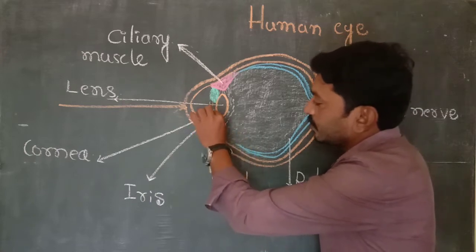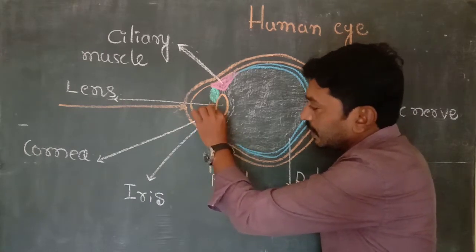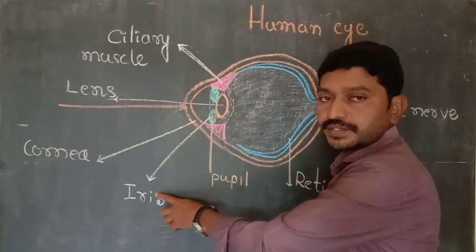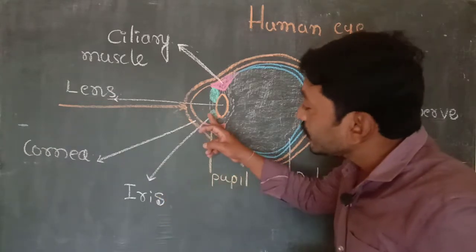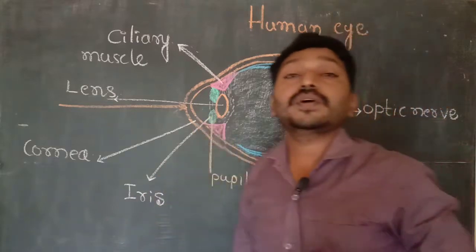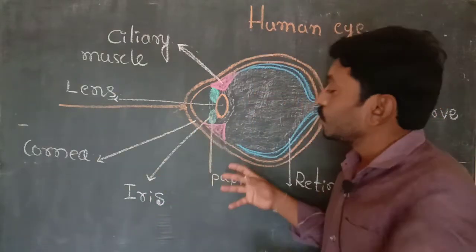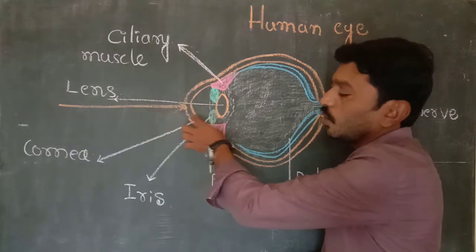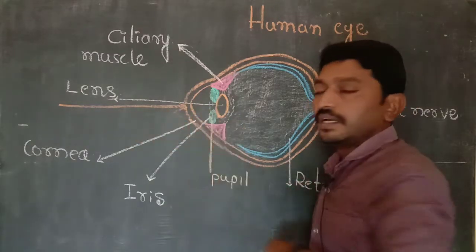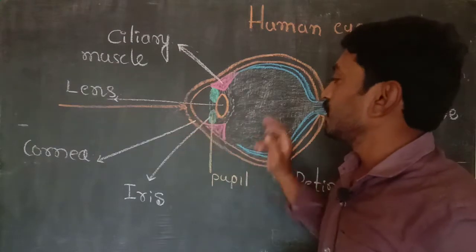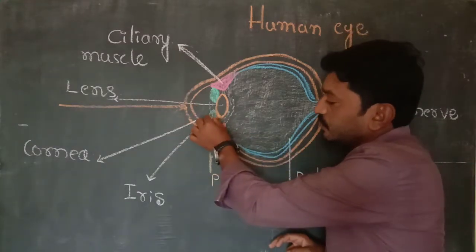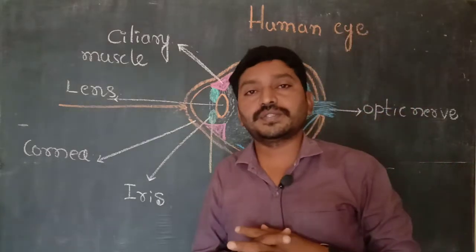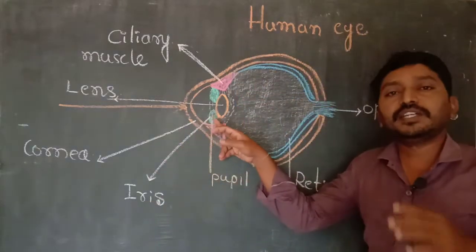So here the size of the pupil is controlled by the iris. And the iris is also very useful. Why? Because the iris can control how much light enters the eye. And the iris has distinctive colors.